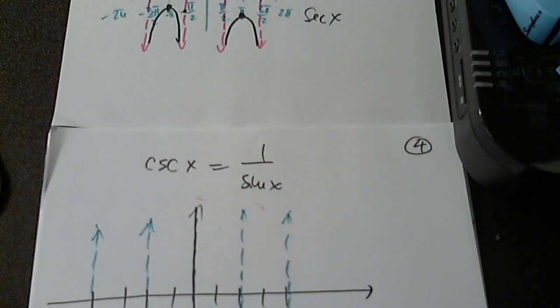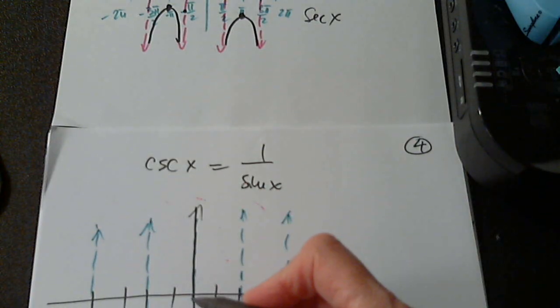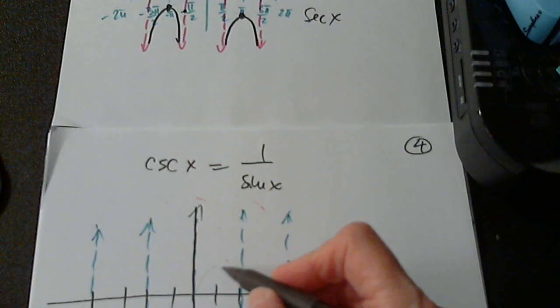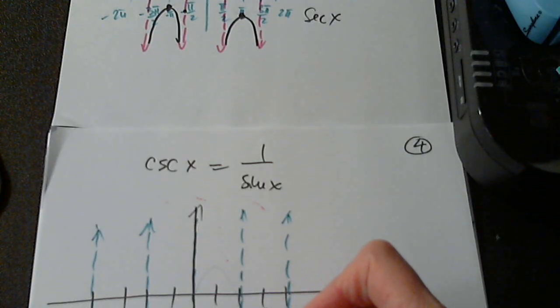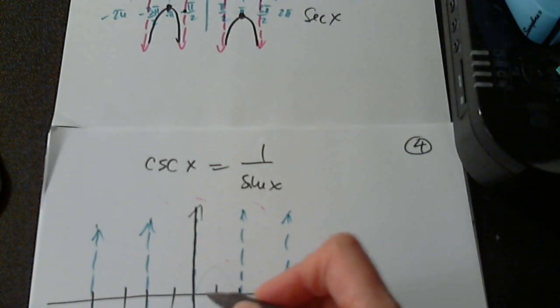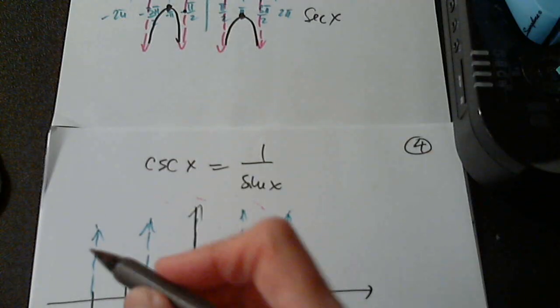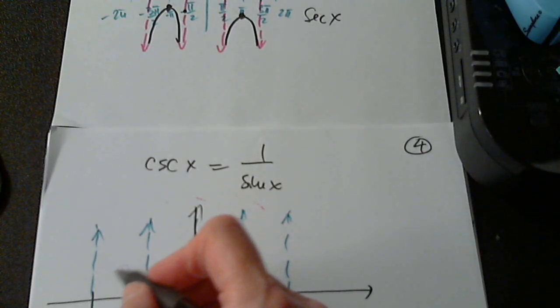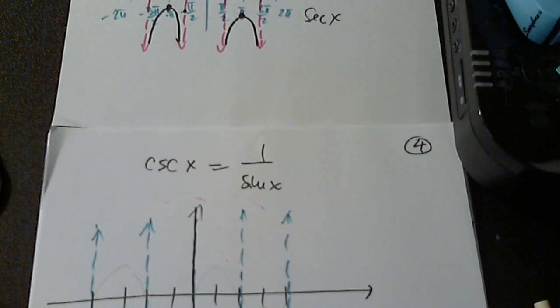Now, of course, in pencil, I'm going to graph my sine just to help me keep the graph in shape. Okay, now I'm ready to graph cosecant.